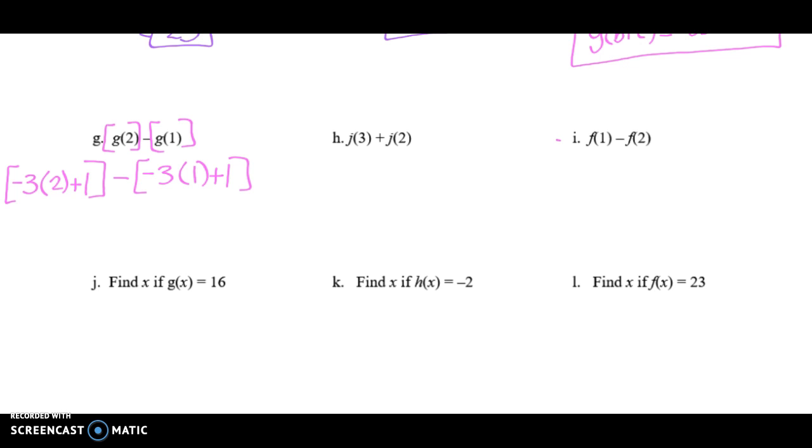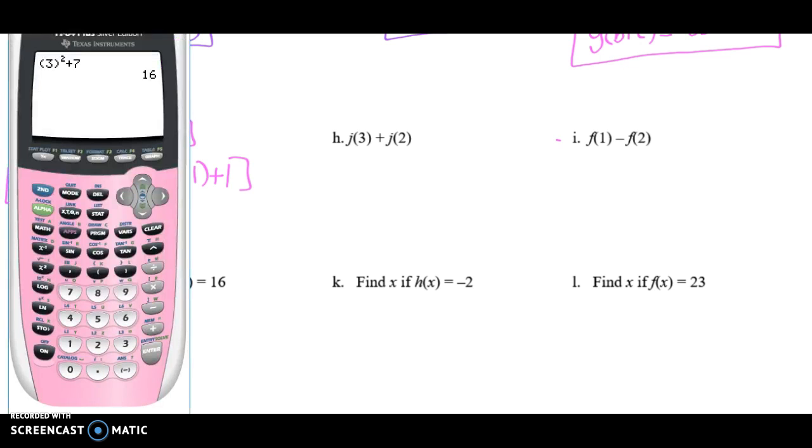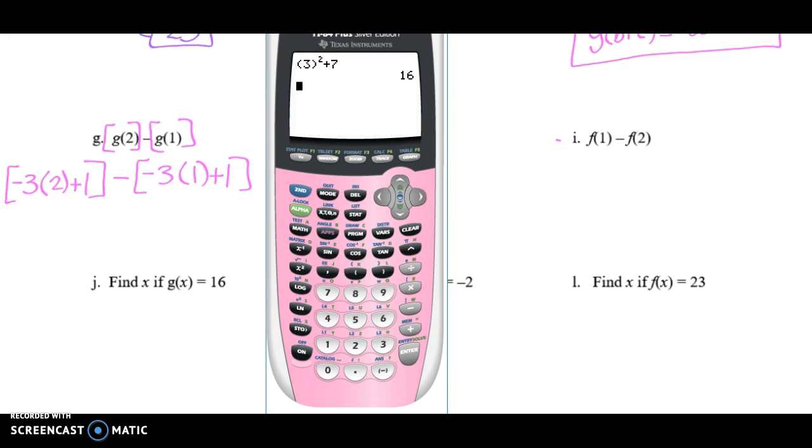At this stage, I could evaluate one group and then the other group and then do the subtraction, similar to if you did them one at a time. But we also had that advantage: we can create the grouping symbols in our calculator. So just using regular parentheses, I have my first grouping symbol, then the -3, parentheses 2, where I plugged in the 2, plus 1, and that group.